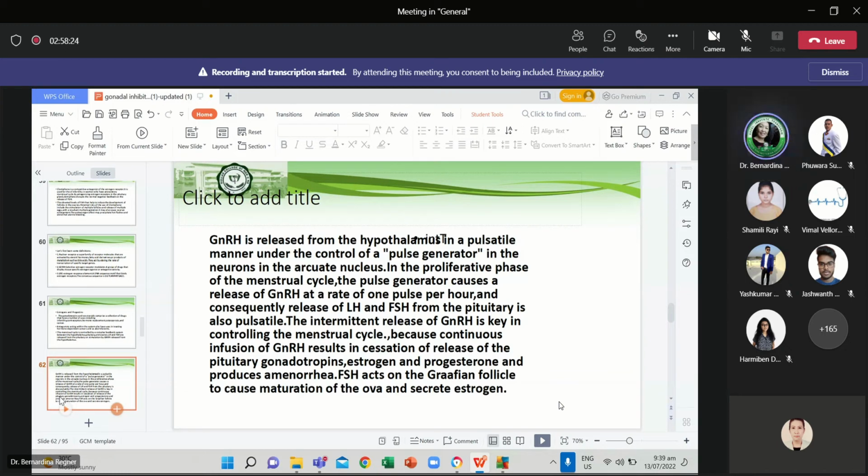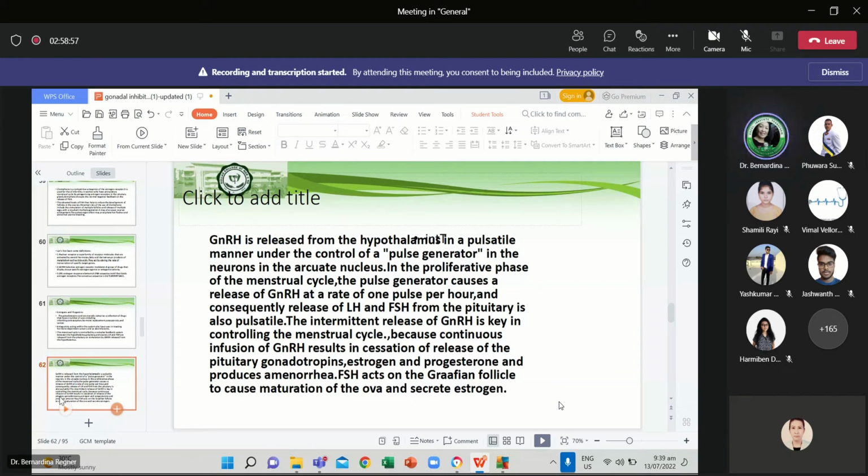The reason is that it should not be continuous, because there will be cessation of release of FSH and LH, estrogen and progesterone, if you give or infuse constantly your gonadotropin releasing hormone. And this will result in amenorrhea, because that will cancel your negative feedback mechanism, di ba?